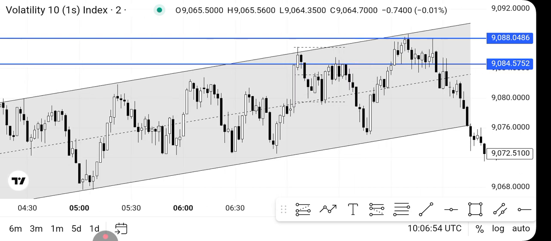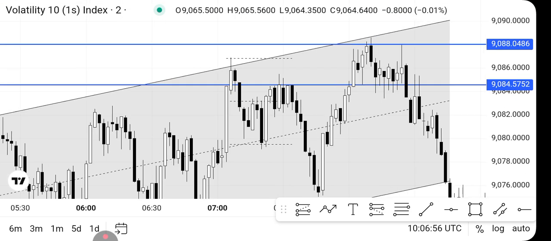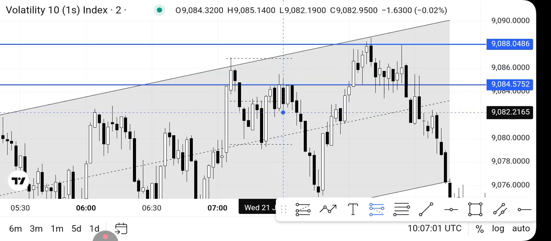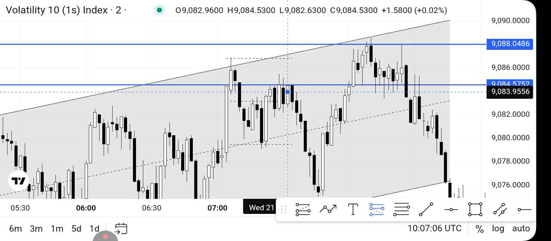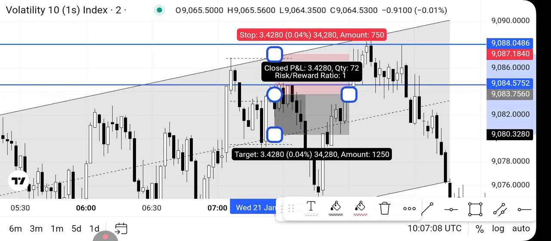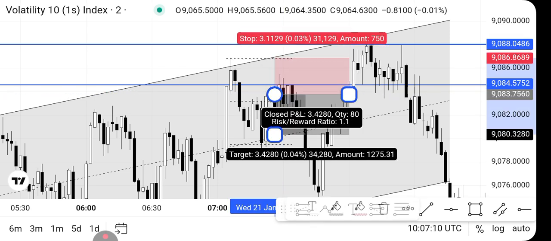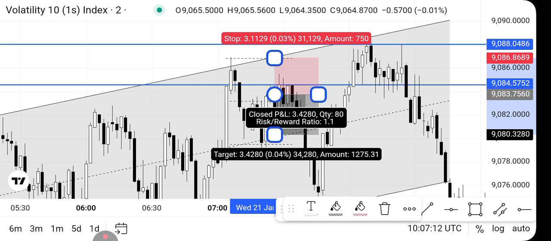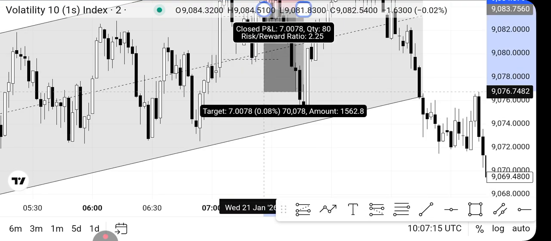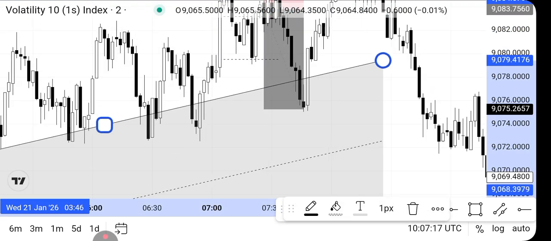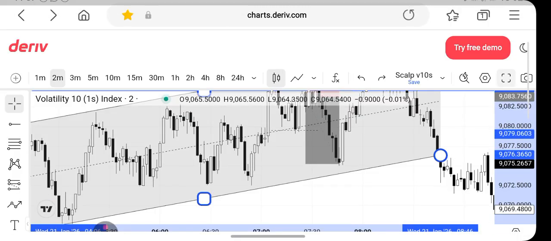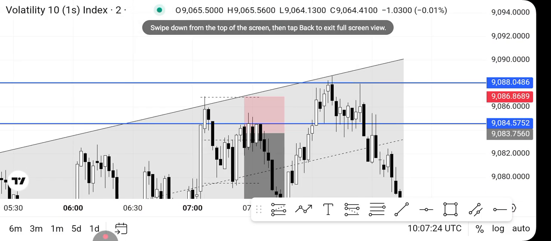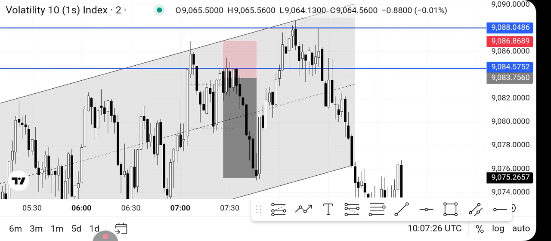So once I get a confirmation inside the premium, which is what I have here, although it didn't really give us anything tangible, just make sure anything you are taking here, your SL is at this point, at the high, basically. Then you sell.